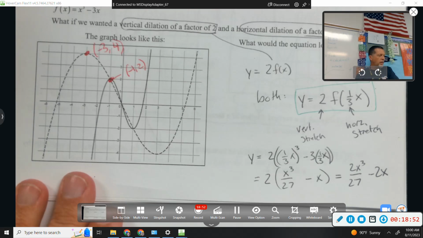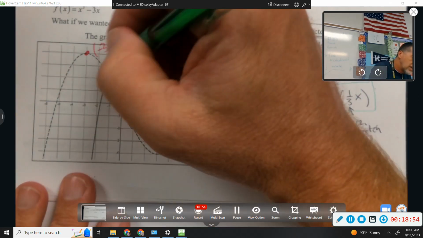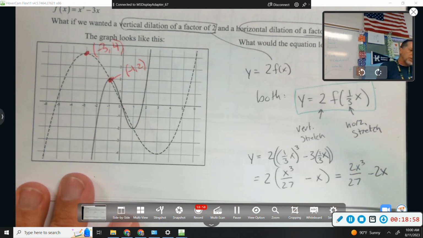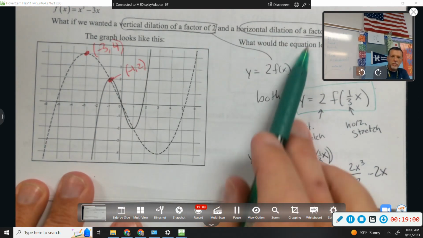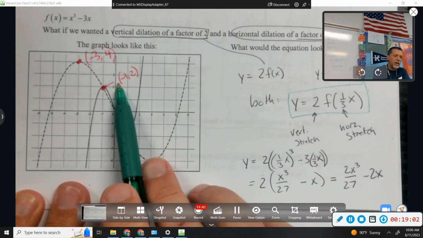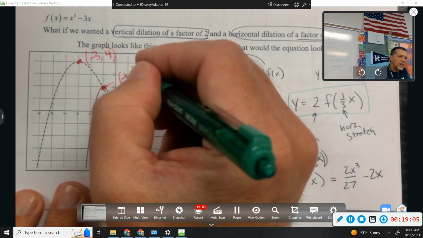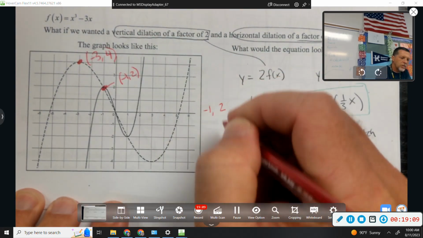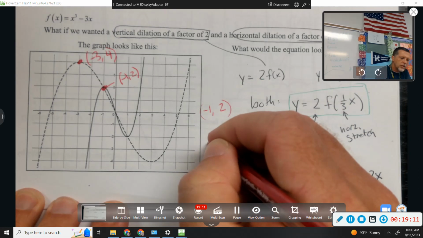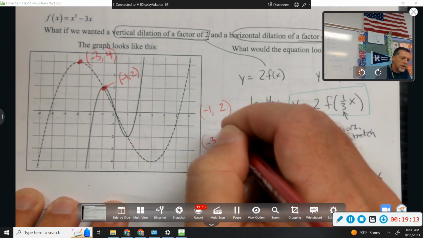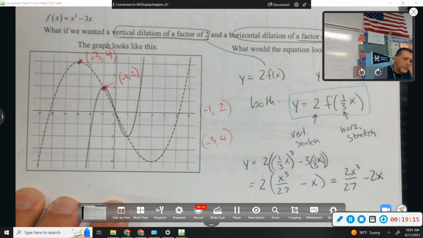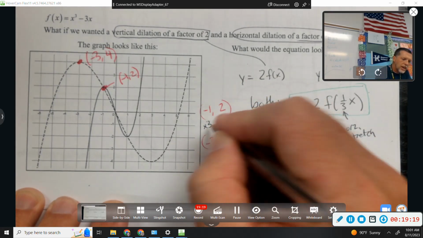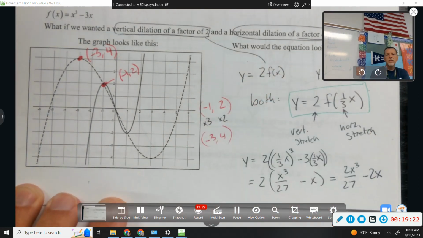So the x value got multiplied by 3, and the y value got multiplied by 2. And that's what we said should happen. Horizontal should be multiplied by 3. -1, 2 turned into -3, 4, because we multiplied by 3 on the horizontal, and we multiplied by 2 on the vertical.